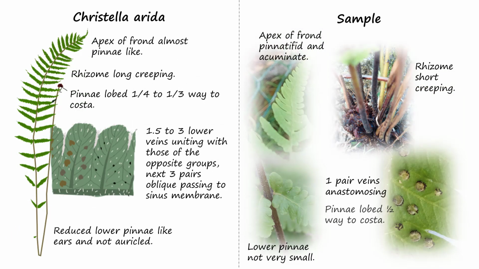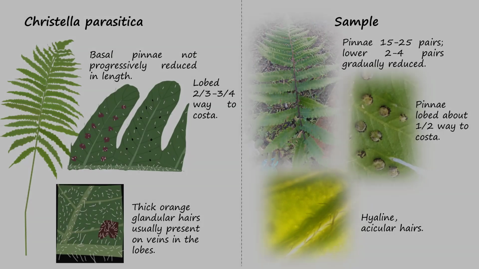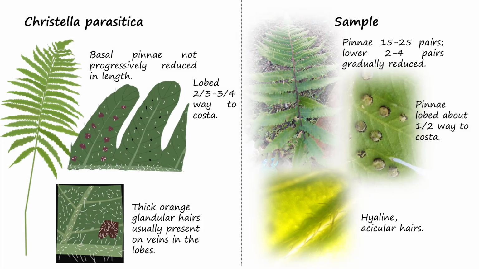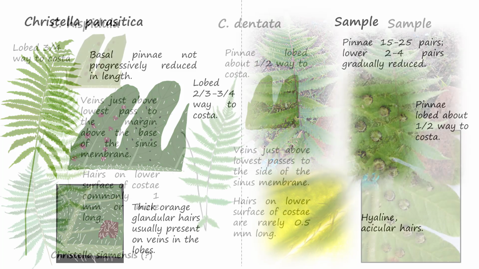Christella arida has an apex like the lateral pinnae, rhizome long creeping, and about 3 veins passing to the sinus membrane. Christella parasitica does not have basal pinnae progressively reduced in length and has thick orange glandular heads usually present on veins in the lobes.